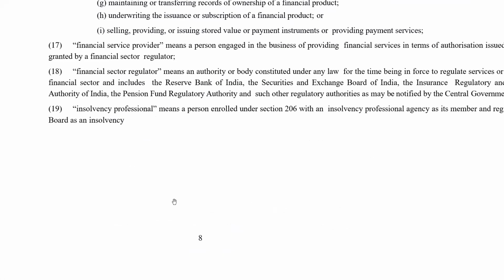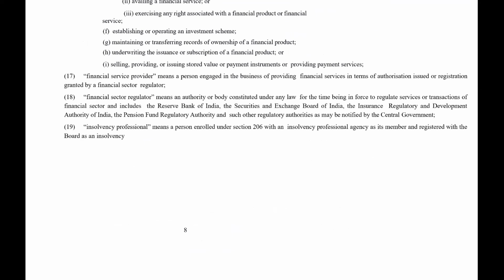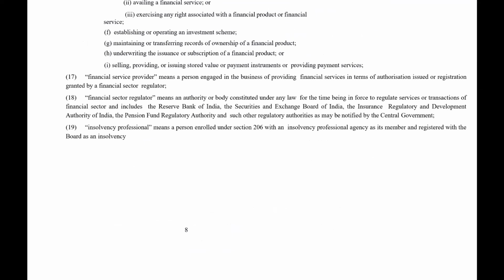Financial sector regulator means an authority or body constituted under any law for the time being in force to regulate services or transactions of the financial sector, and includes RBI, SEBI, IRDA, Pension Fund Regulatory Authority, and such other regulatory authorities as may be notified.